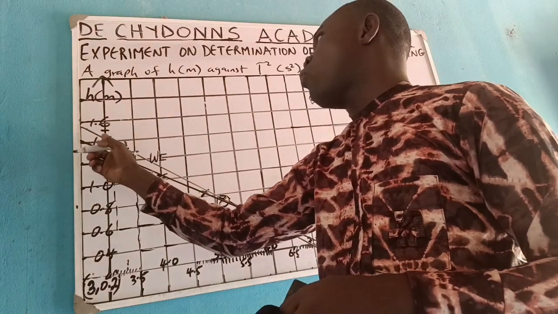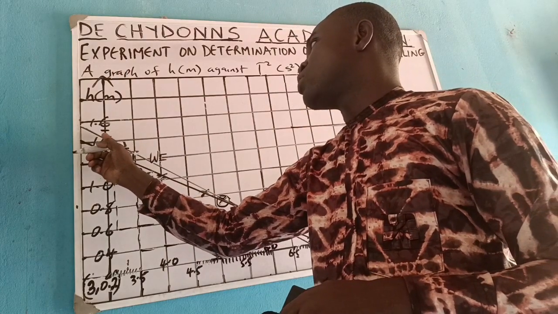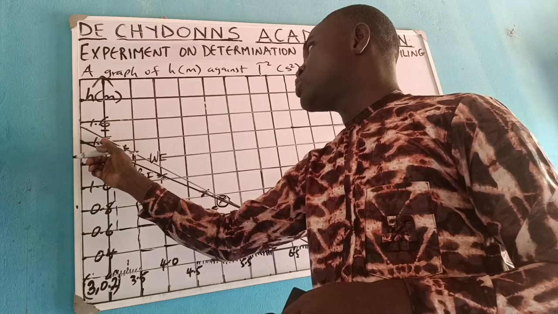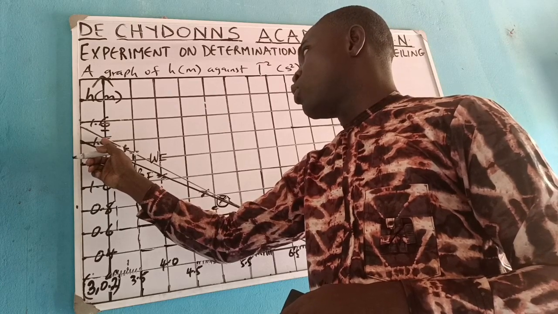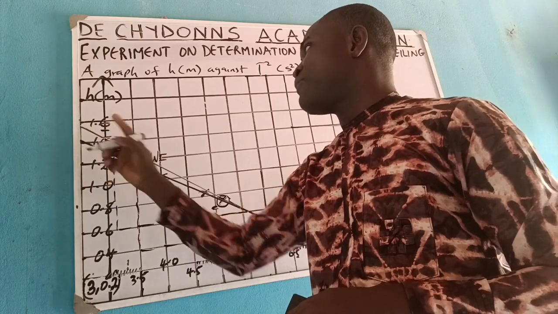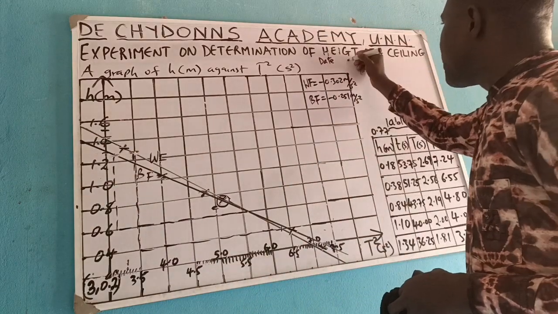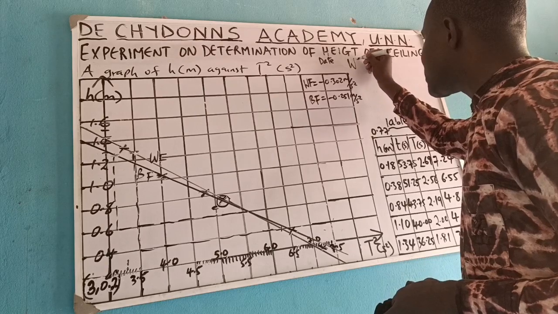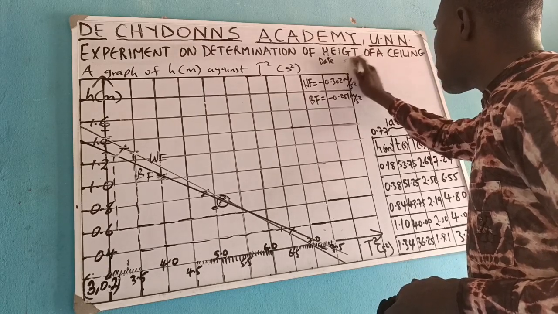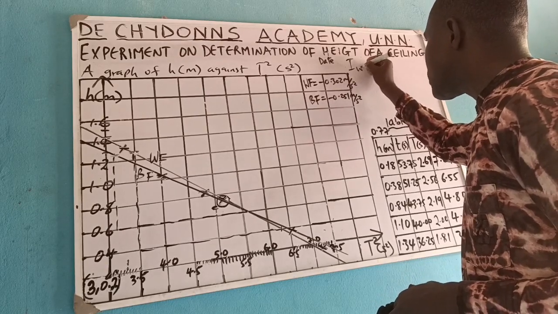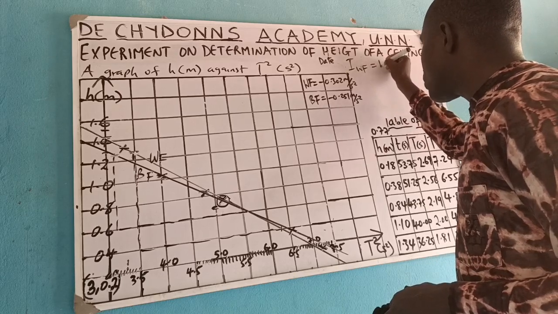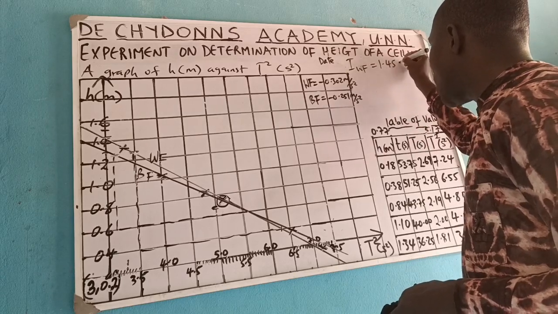So it's about 1.42. No, it's about 1.45. So the worst fit intercept is about 1.45.